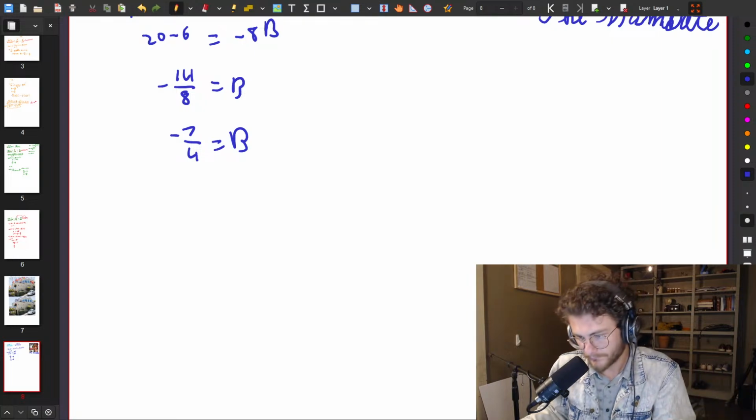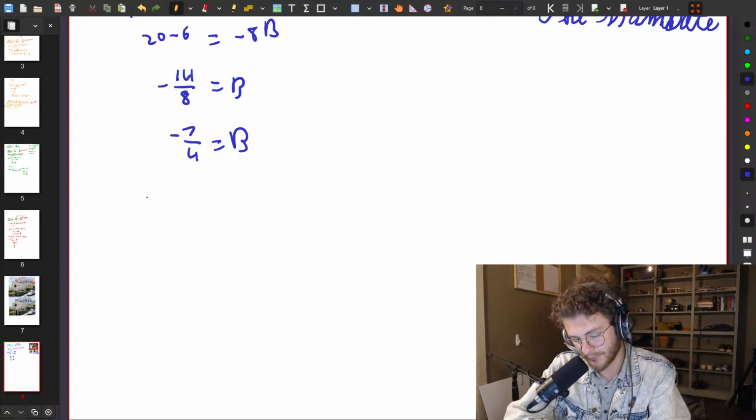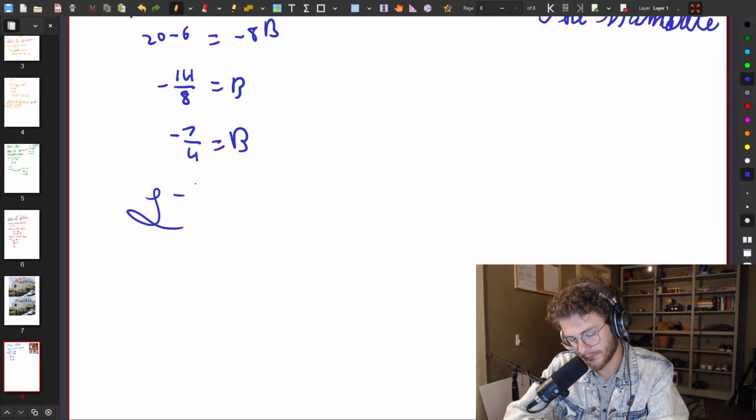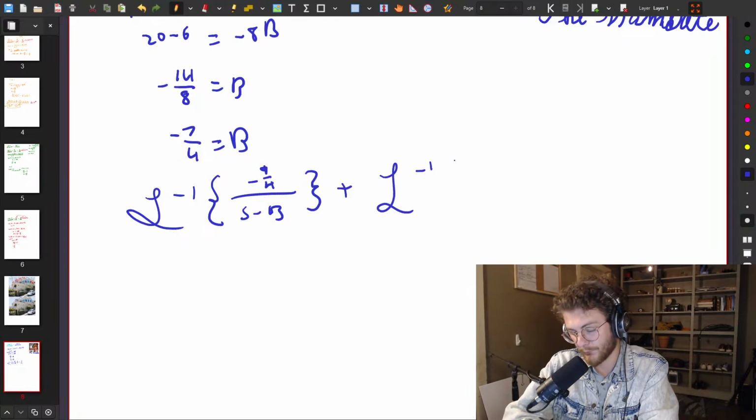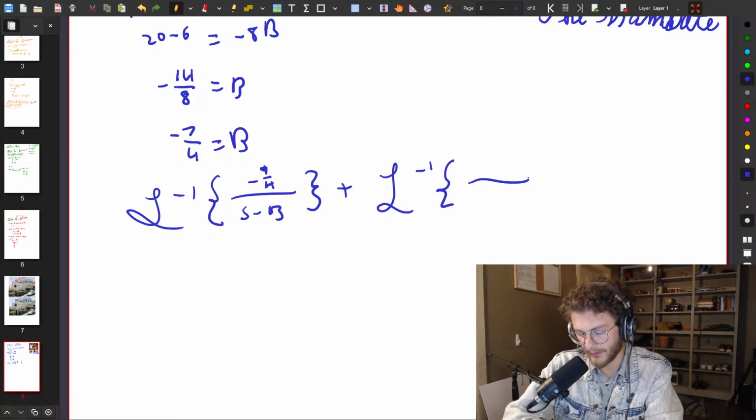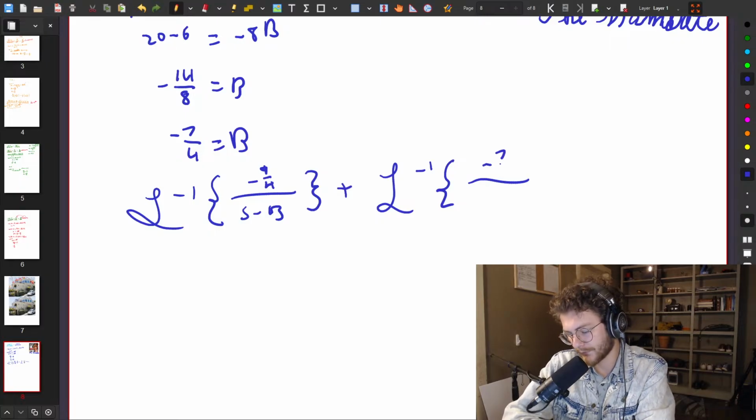Simply put, we want the inverse Laplace transform of negative 9/4 over s minus 3 plus the inverse Laplace transform of negative 7/4 over s plus 5.